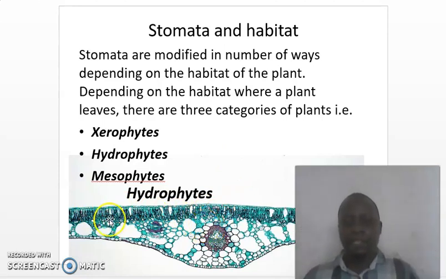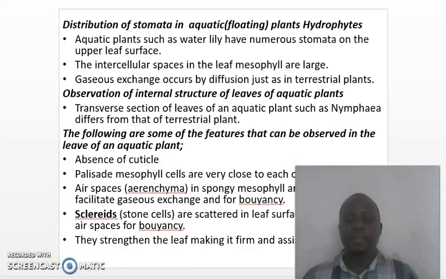Okay? There is also a large number of stomata on the upper surface to facilitate gaseous exchange and also to facilitate loss of water to the atmosphere by transpiration. And also another modification is that there exist large air spaces. These are the substomatal air spaces, which we have said have two main functions. Okay?